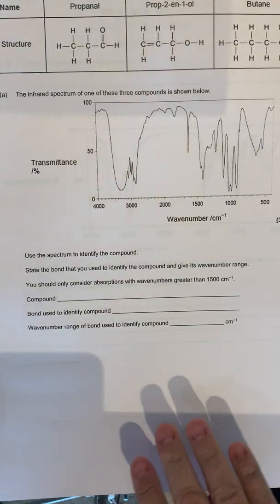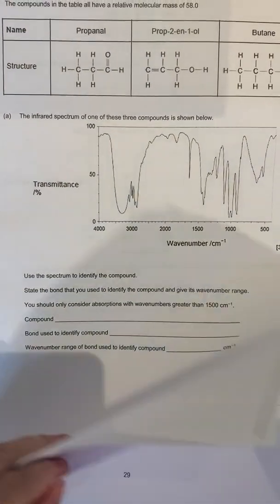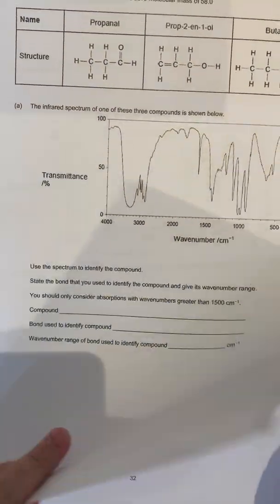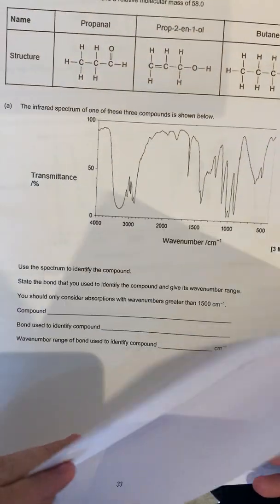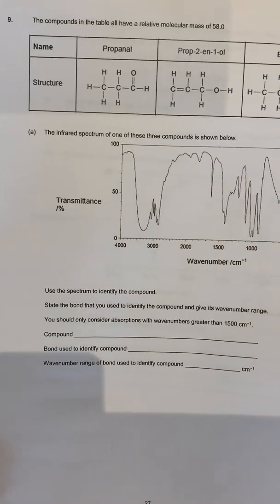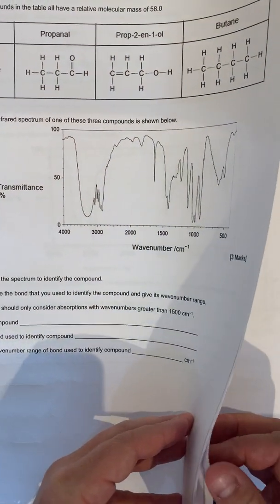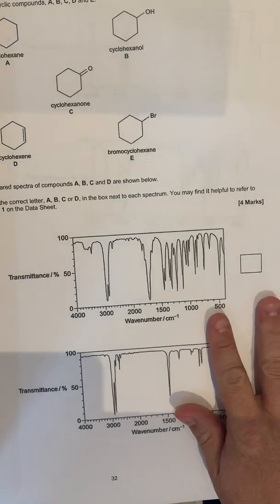Right, then you've got from page 27 all the way through to, I can't remember what page it was I asked you to do it up to, page 33. So 6 pages of questions. Now what you find is that these questions take up a lot of space, especially when you're getting on to showing lots and lots of spectra, like these.